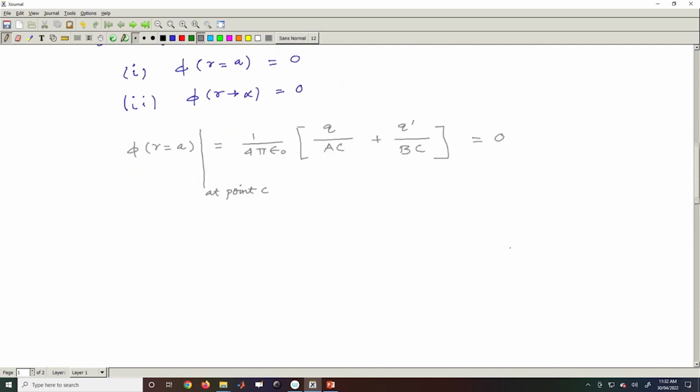Now AC and BC I can write in terms of whatever the parameters are. So let me do that first. AC, the distance, is simply A square plus D square minus 2AD cos theta, whole to the power half.